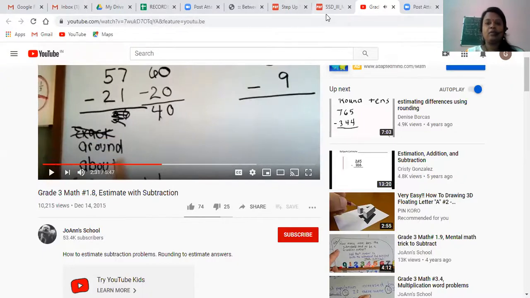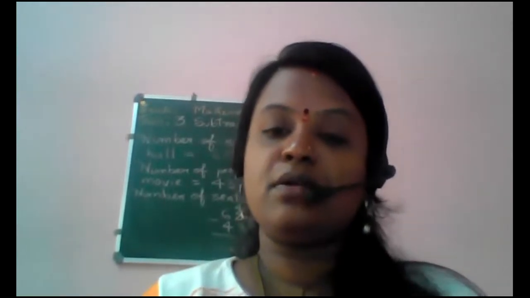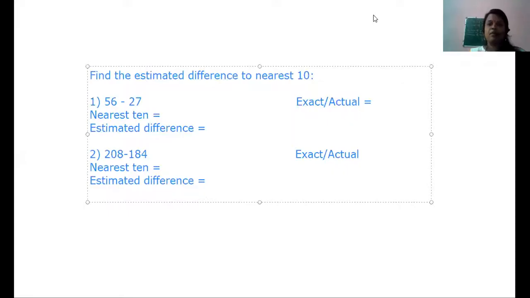So we have learned what the actual difference and the estimated difference are. So let us solve some examples on estimation of difference. Now here's a question to find the estimated difference to the nearest 10: 56 minus 27. First of all, we shall round off 56 to the nearest 10.